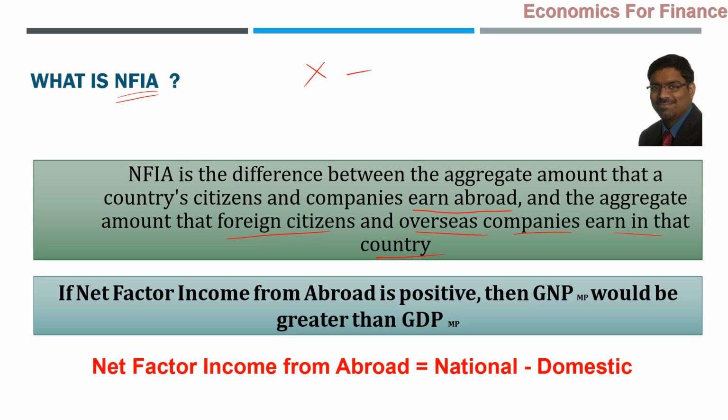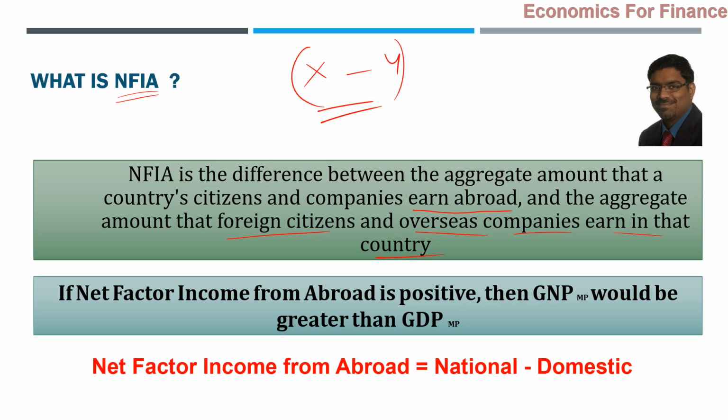Same way, foreign companies and foreign nationals might earn income in India. Let us say Y. Then X minus Y is the net factor income from abroad. In other words, what our people, Indians and Indian companies, earn outside India minus what outsiders earn in India. That difference is net factor income from abroad.